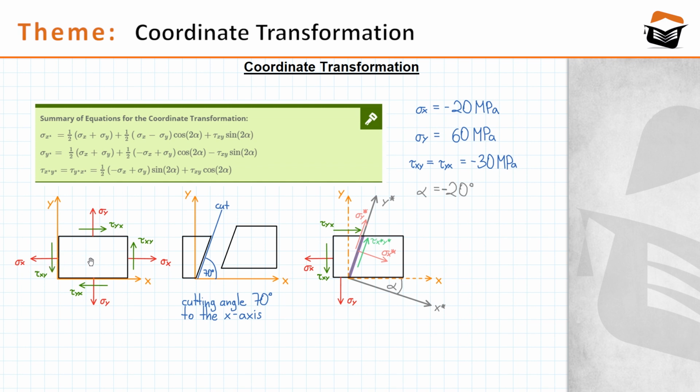That would generate a compressive stress. And for sigma y, the normal stress in y direction, the value of 60 megapascal is positive, and that means that the actual direction is in line with the mathematically assumed direction. For the shear stresses, you have to reverse the direction compared to the directions labeled on the sketch.